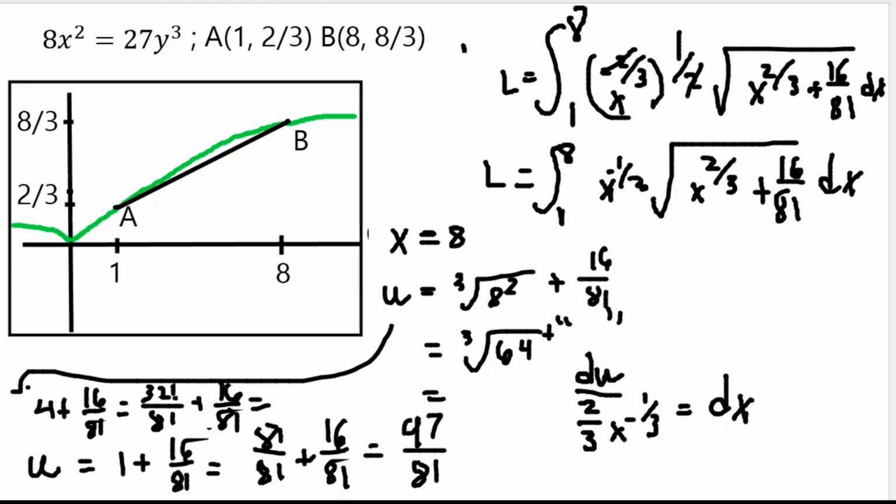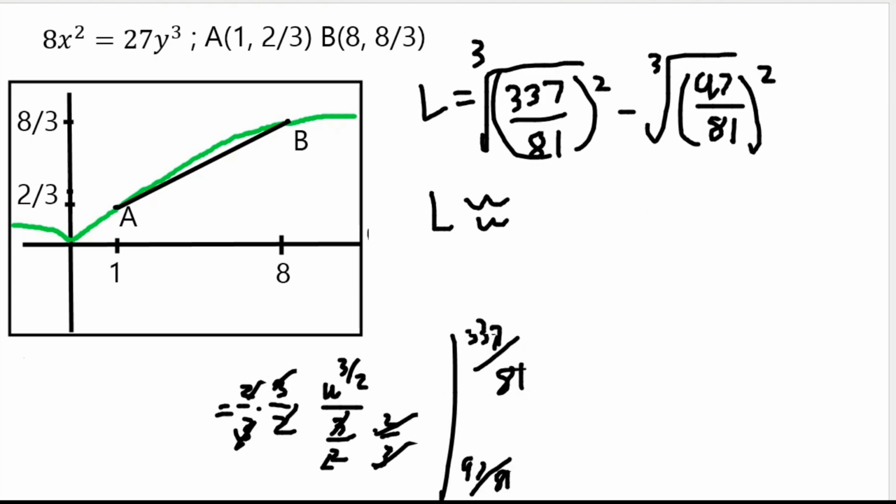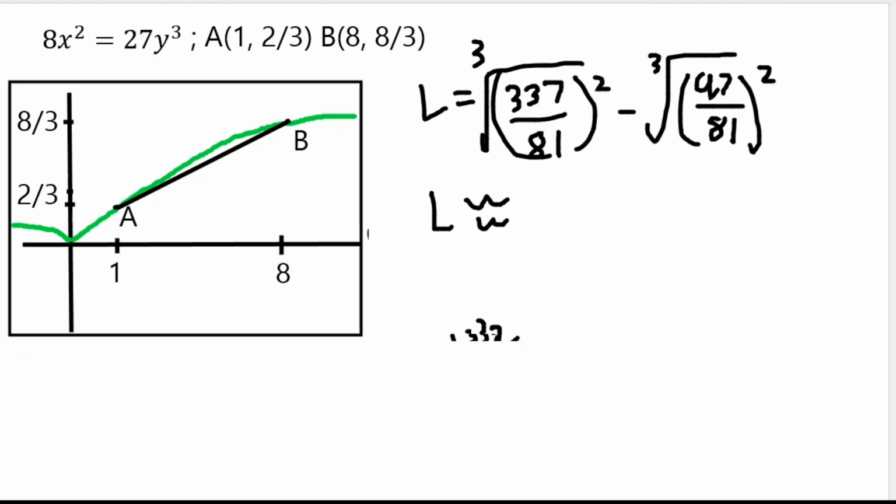I did skip some steps, but this is the final answer. After doing some work, this is our final. What I did there is just use the definition of the definite integral and the fundamental theorem of calculus.